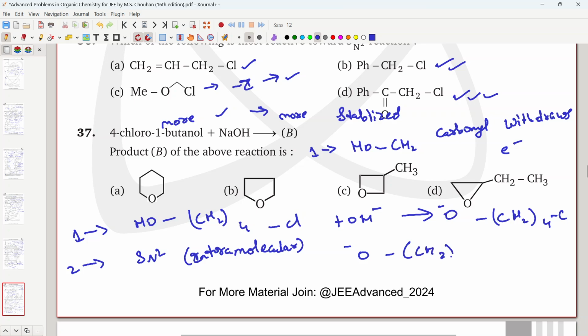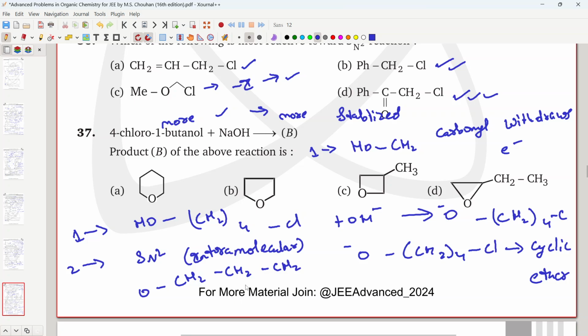So it gives a cyclic ether. Count the atoms in the ring, which are CH2, CH2, CH2. The chain contains 4 carbons, right?